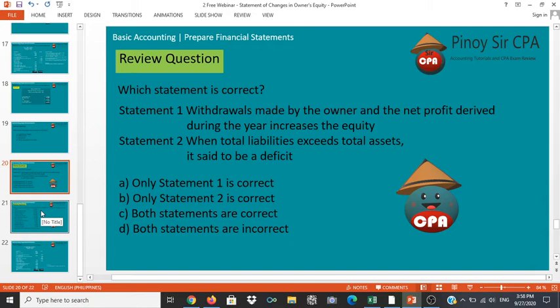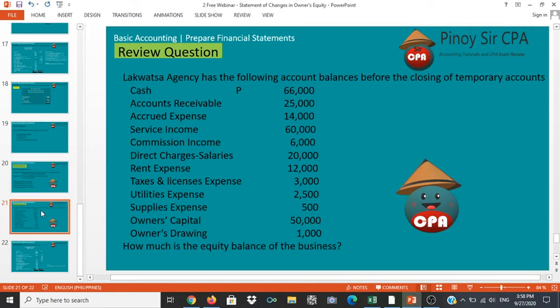Kasi computation. Okay? Here's the details. The question is, how much is the equity balance of the business? How much is the equity balance of the business?